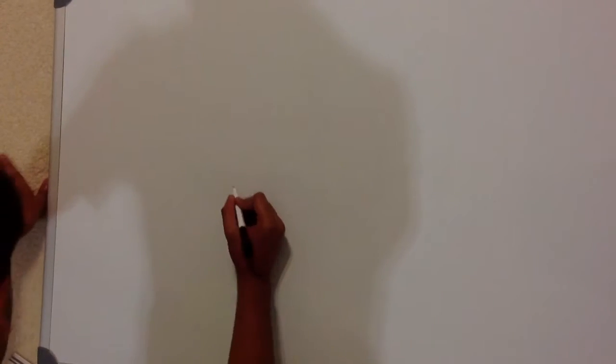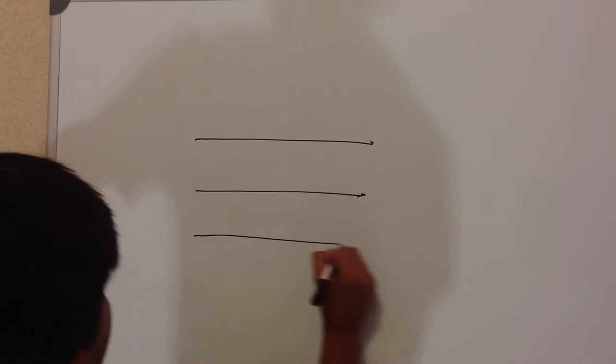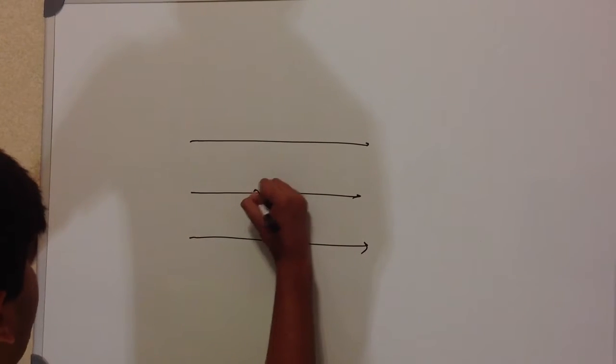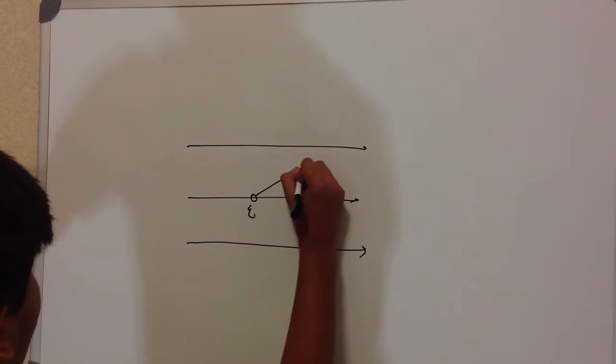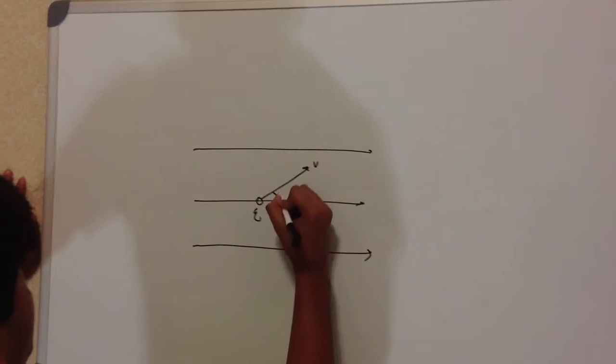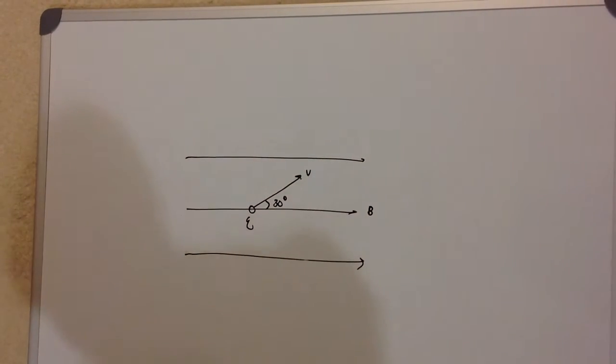So now, how does this work in a practice problem? Here's one example of a charge moving through a magnetic field. Let's say the magnetic field is flowing in this direction. The charge Q is moving with the velocity in that direction and making a 30-degree angle with the magnetic field.